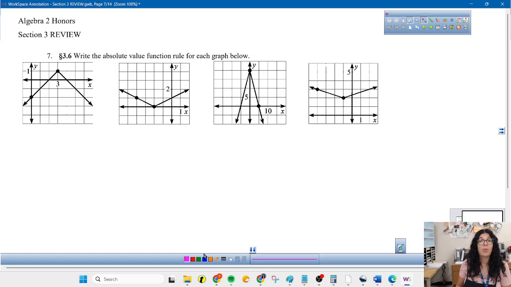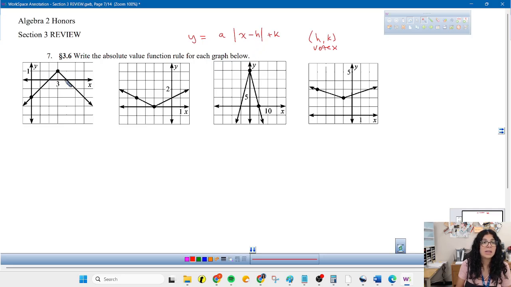Next, I want us to go ahead and write the absolute value for the graph. Okay, remember that the general form for the absolute value is y equals a times the absolute value of x minus h, plus k. So h, k is normally our vertex, but remember for the vertex, the equation will look like the opposite of h.